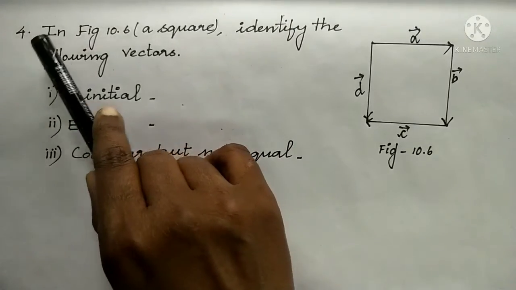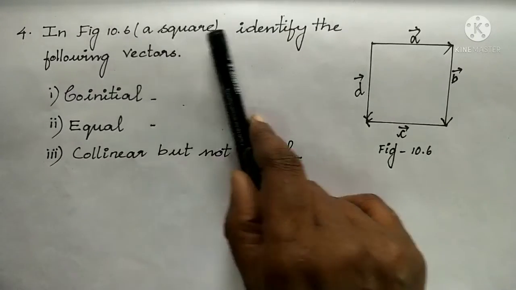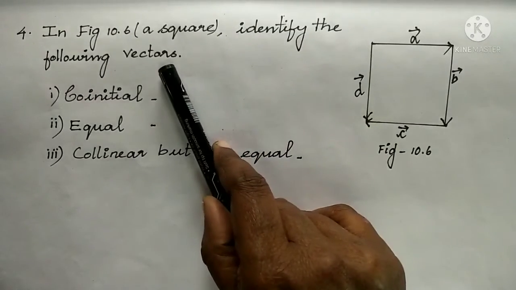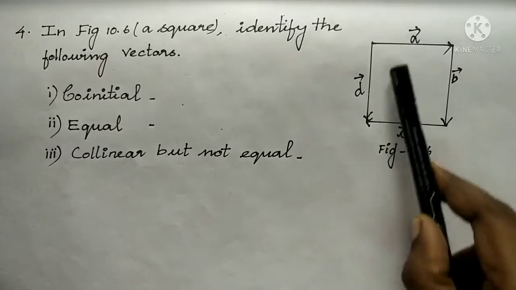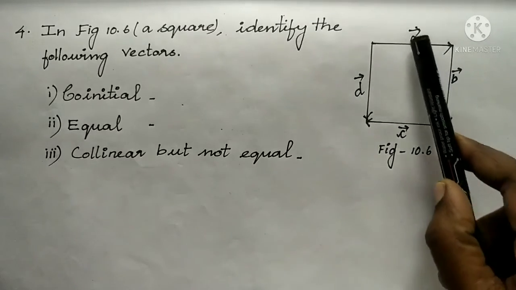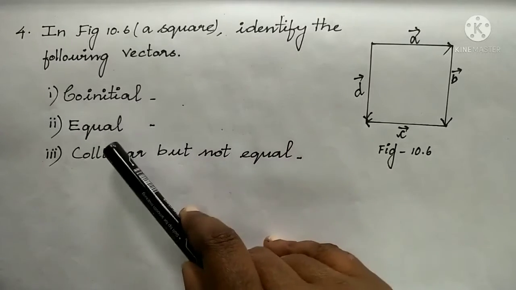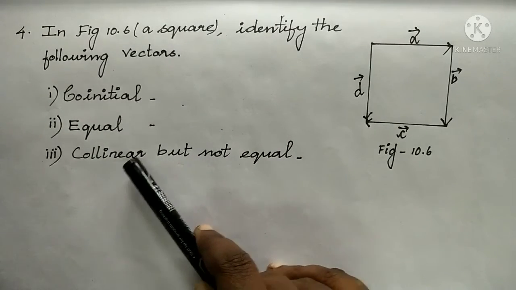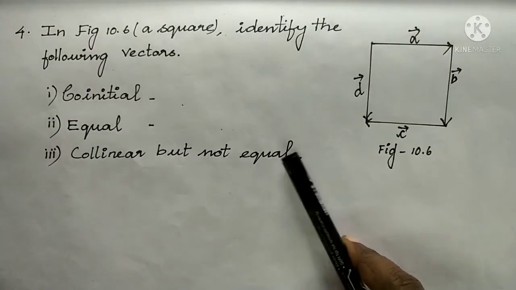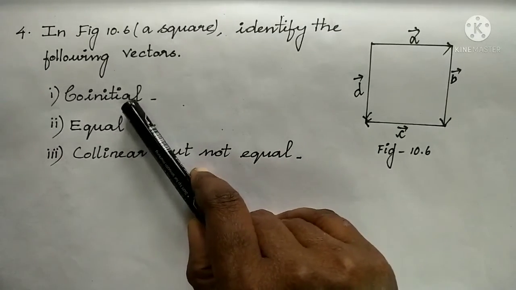Question number 4. In figure 10.6, identify the following vectors. This is our figure 10.6. From this figure, we are going to identify the vectors co-initial vector, equal vector, collinear but not equal. First one is co-initial.